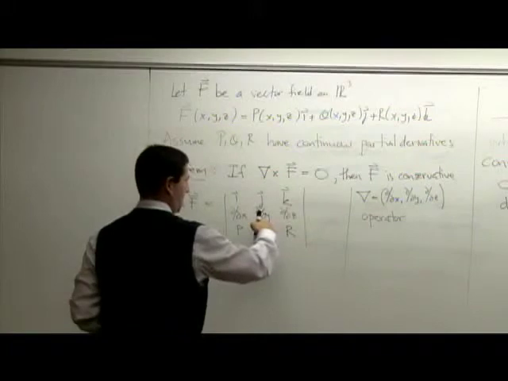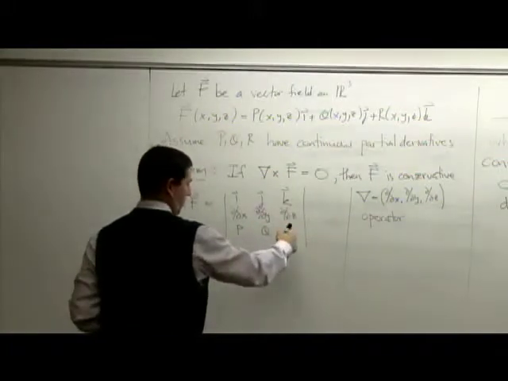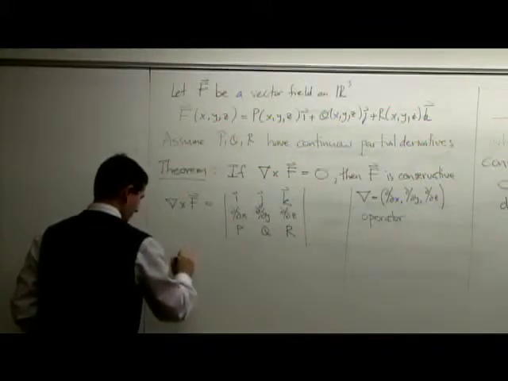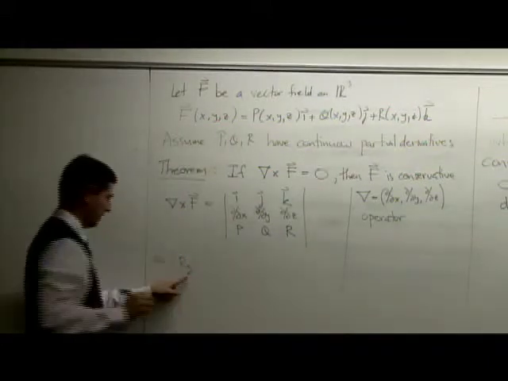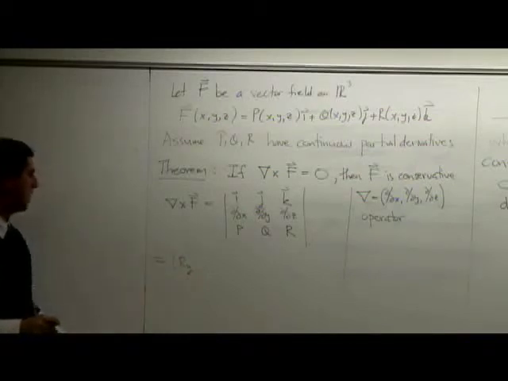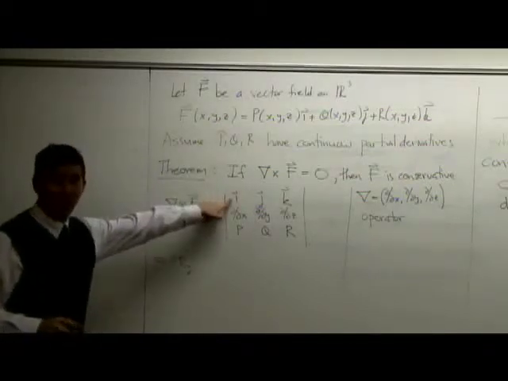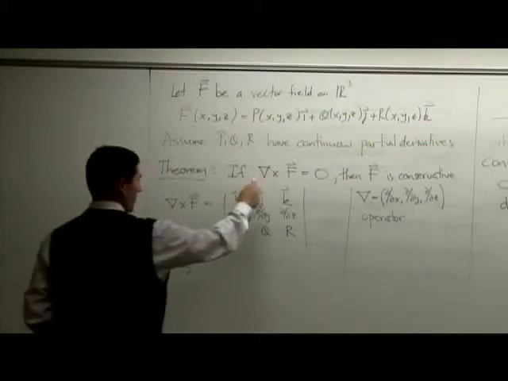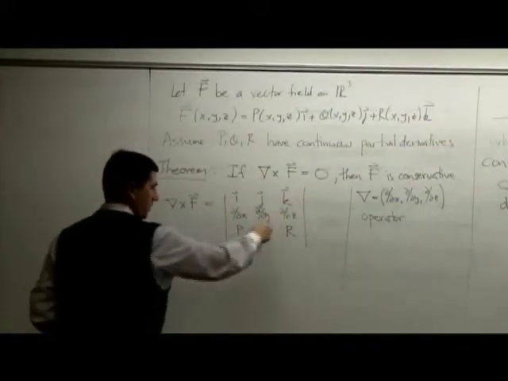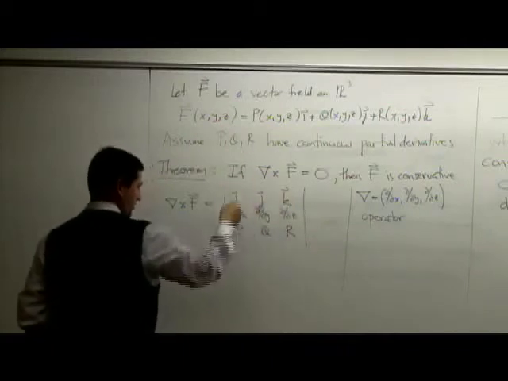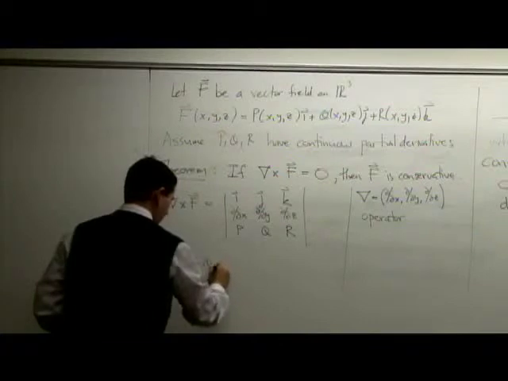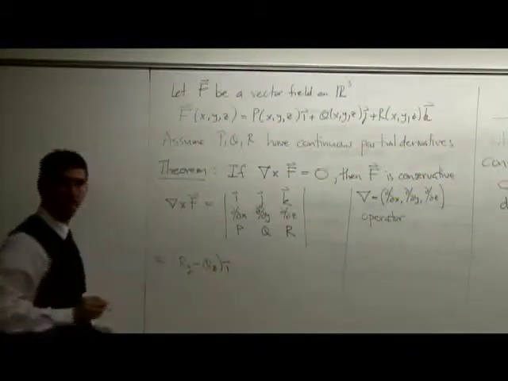I take the partial derivative with respect to y of r times I. So that'll be r of y. I don't need to write my partials anymore. I just put it down there. Now the other way I get an I is when I go backwards. When I go I, and then this one, the partial with respect to z of q. But that gets a minus because you're going backwards. So minus qz I.